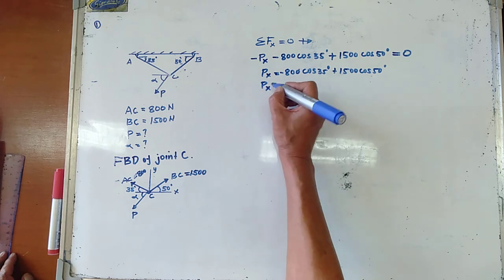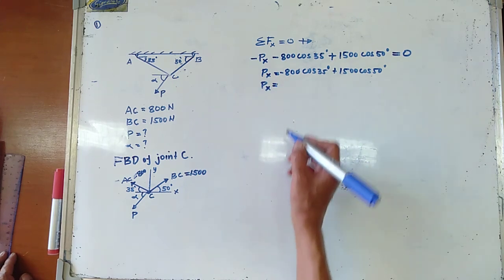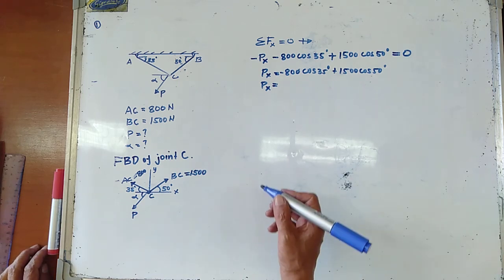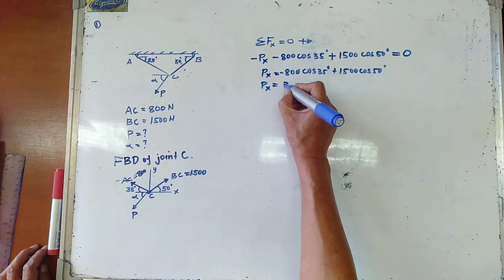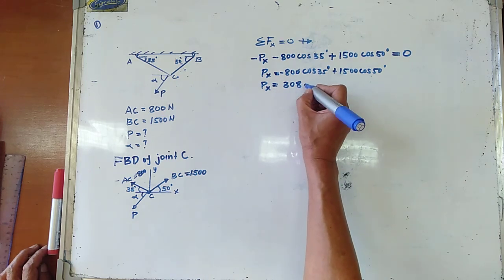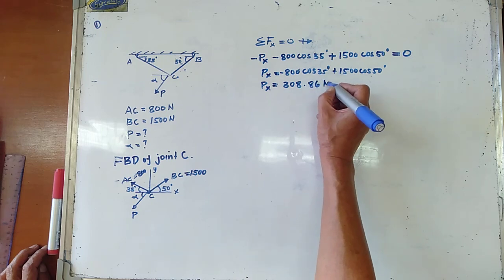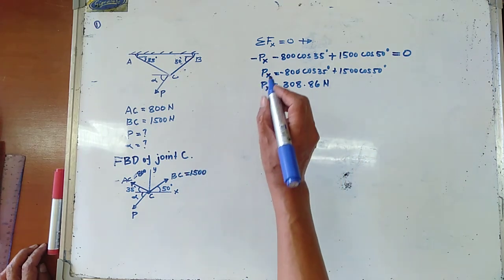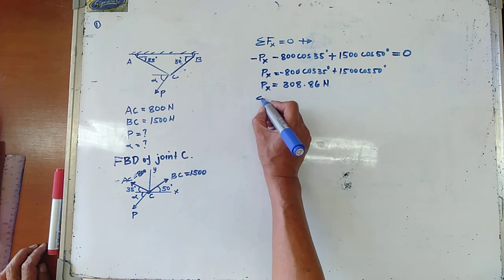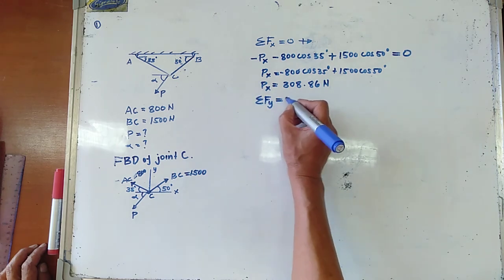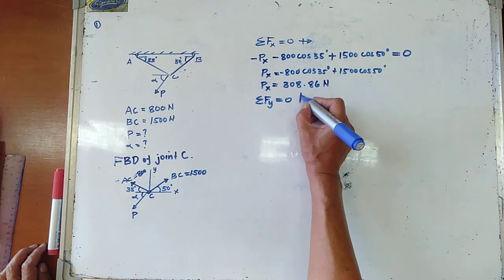So Px, the component of P in the x-axis, is therefore equal to 308.86 newtons.